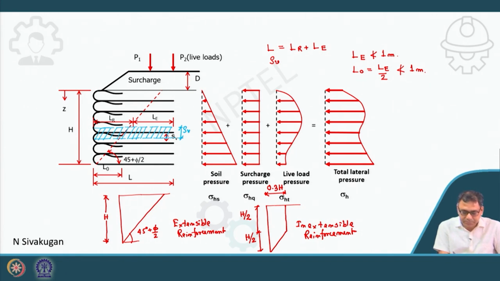In our previous cases there was a wall, and this stress was acting on the wall and the wall was supporting those stresses or forces. But here, who will take this force? So, this force will be taken by the reinforcement itself.